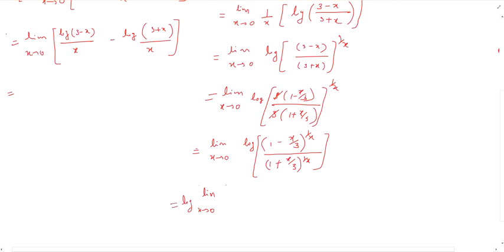Here 1 minus this term can be written as raised to minus 3 by x into 1 by 3, upon 1 plus x by 3 raised to 3 by x into 1 by 3, that is, adjust the index.